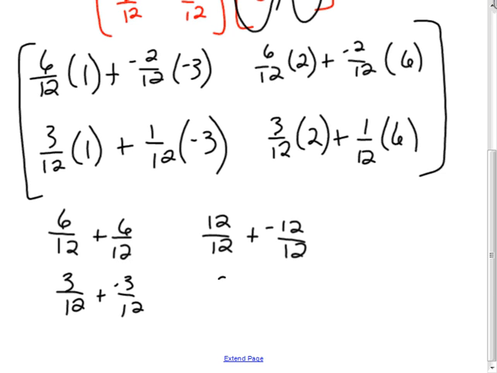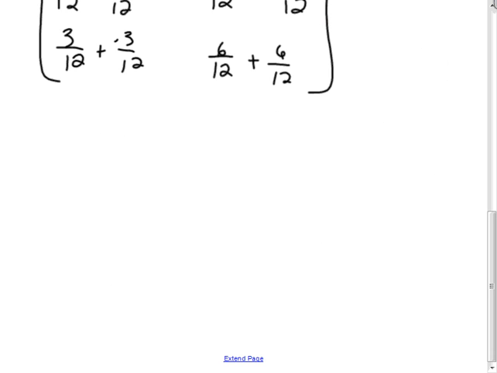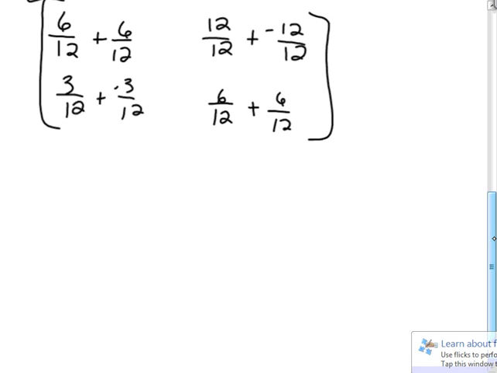Bottom right, 6/12 plus 6/12. Which gives me 12/12, which of course is 1. So I get 1, 0, 0, 1.